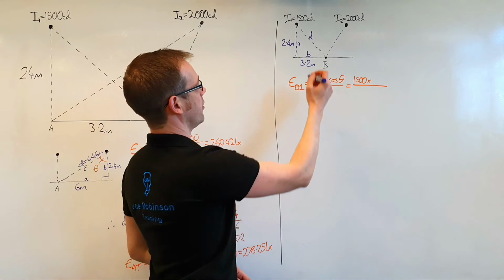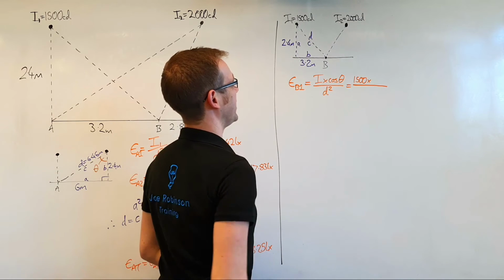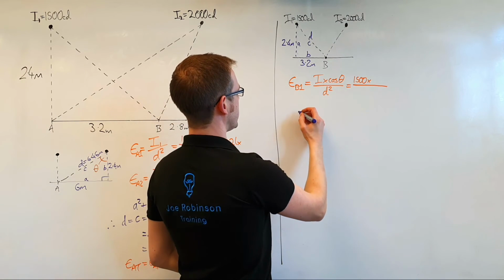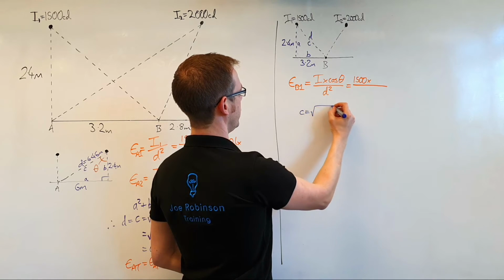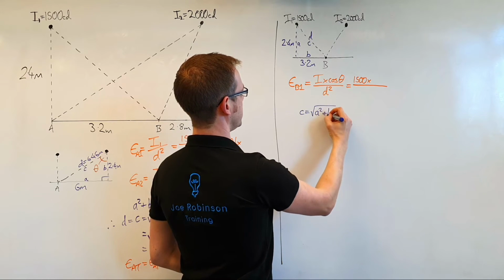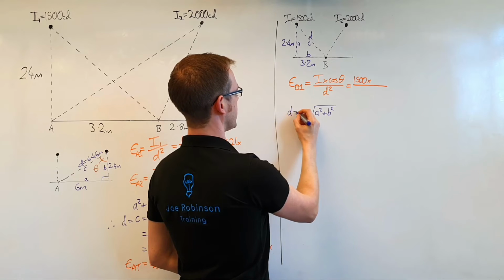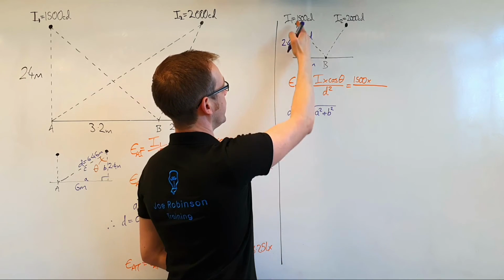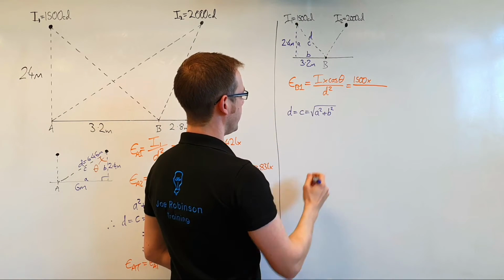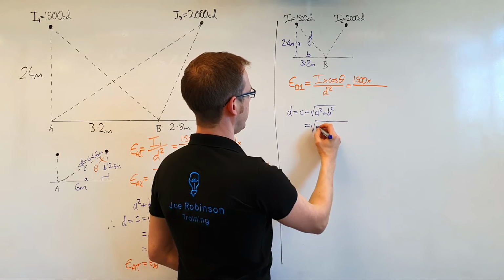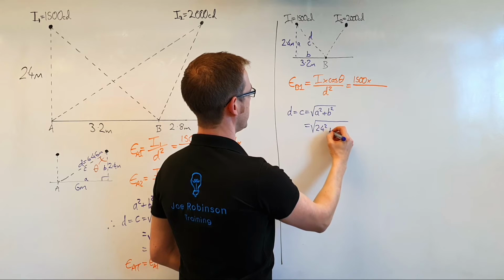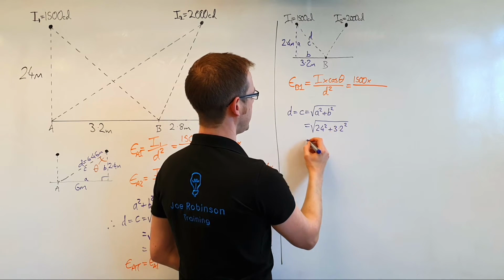So in classic Pythagorean theory, we'd consider these sides to be A, B, and C. So we would say that side C is equal to the square root of A squared plus B squared, and that is going to give us our distance D from light position 1 to position B. So we'll put our numbers in now. We've got the square root of 2.4 squared plus 3.2 squared.